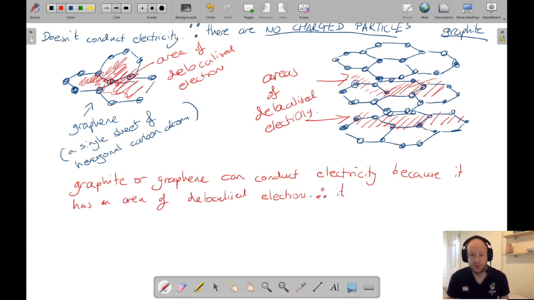Therefore, it can carry a charge. Remember, that's because electrons are negative, and in the delocalized area, that means they're free to move. So we've got a movement of electrons. Movement of electrons is electricity. That's what electricity is.